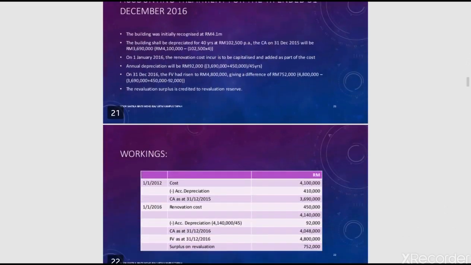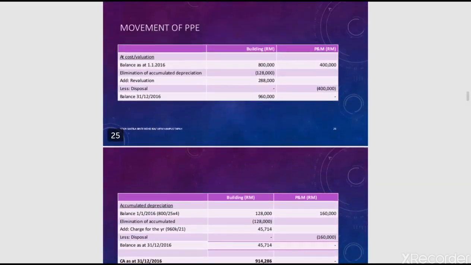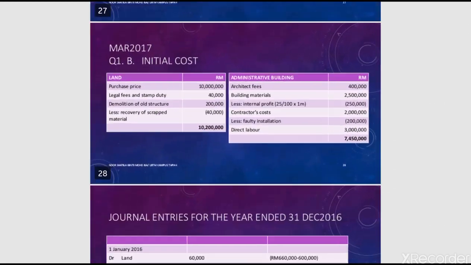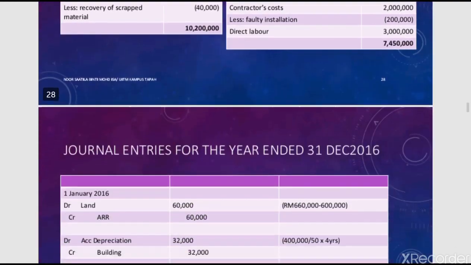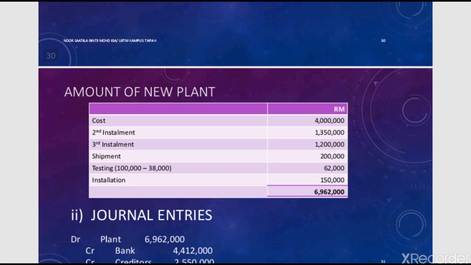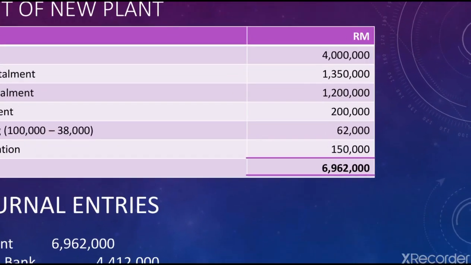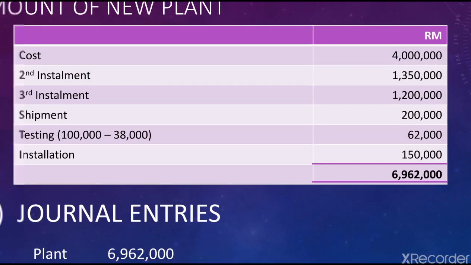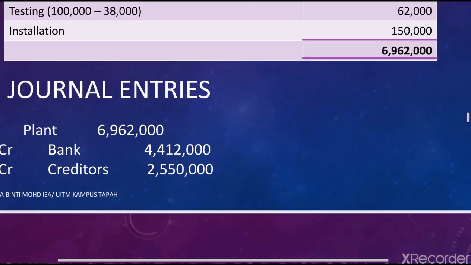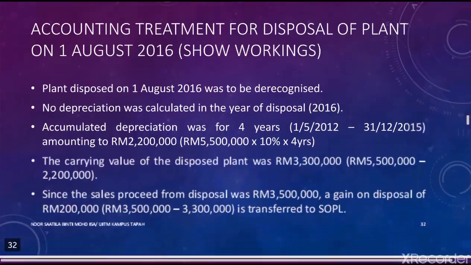Okay, let's go to question March 2017. Okay, this one you can check the initial cost that we calculated. It is also together with the journal entry. Now let's look at the accounting treatment.